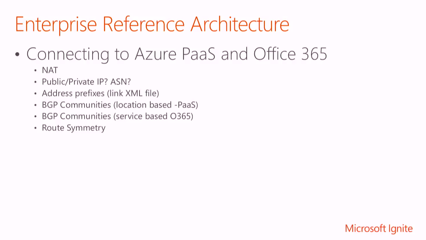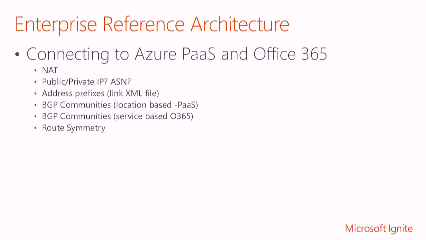The main thing here is because these are public services, accessible over internet and also accessible over your ExpressRoute circuit, the important thing to know is if you send the traffic through ExpressRoute, the return traffic will have to come via ExpressRoute.